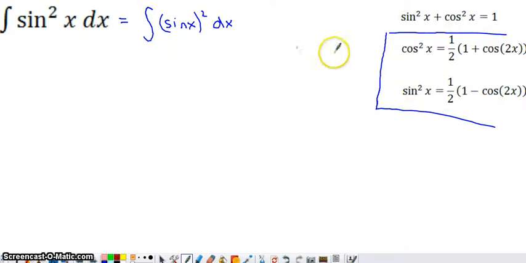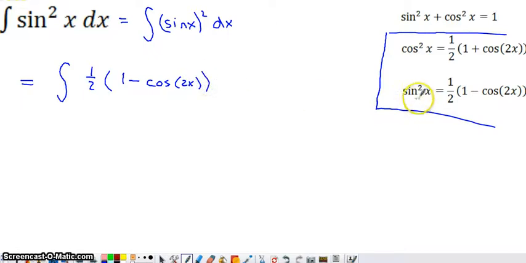So in this case, we have a sine squared of x. We can replace sine squared of x with this expression, and if you make that substitution, you will definitely be looking at something that you're going to be able to handle. So you're going to put 1/2 times the quantity 1 minus cosine of 2x in place of sine squared. And we're going to be able to do this integral now.